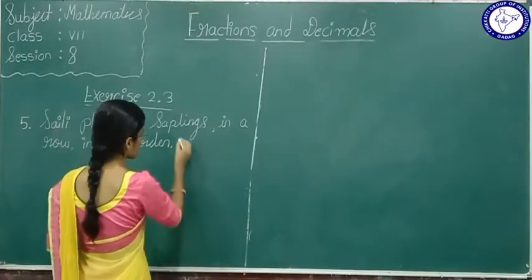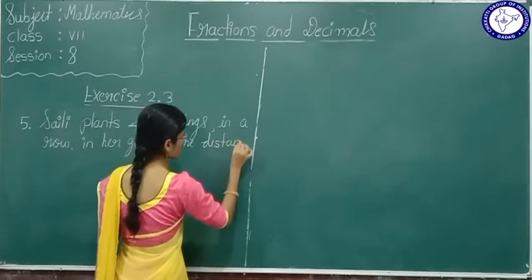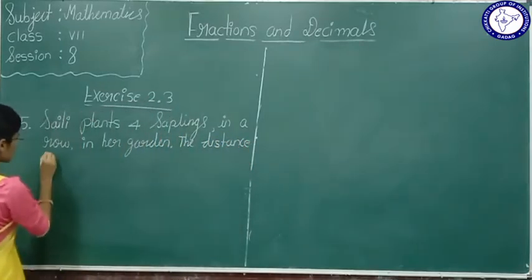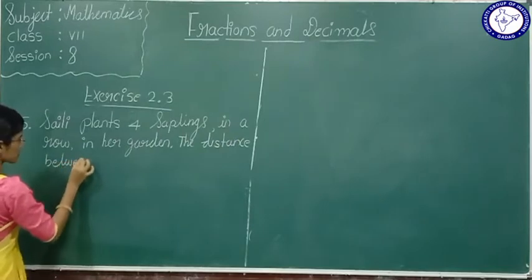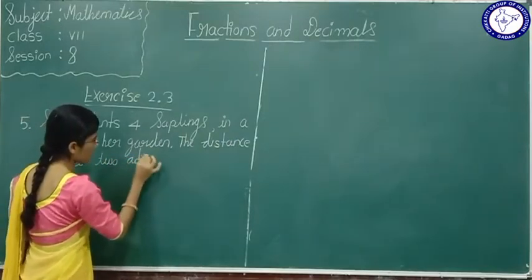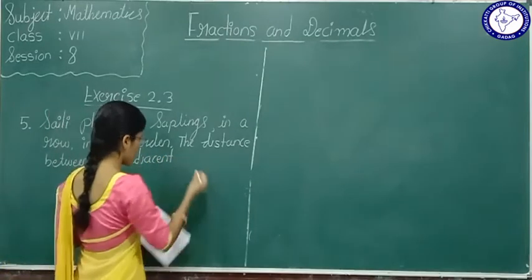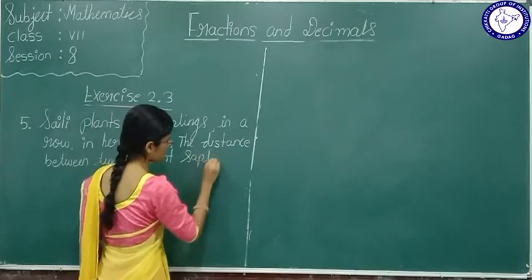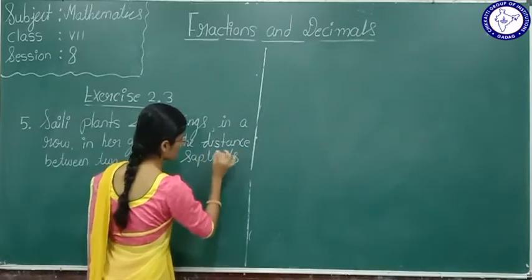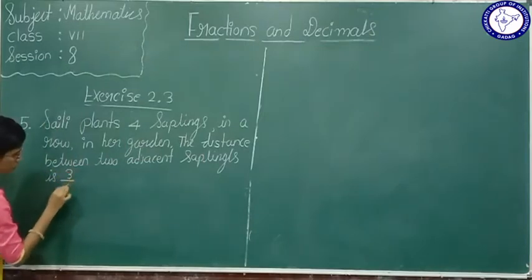The distance between two adjacent saplings is 3 by 4 meter.